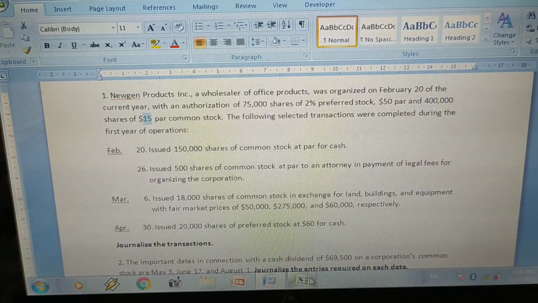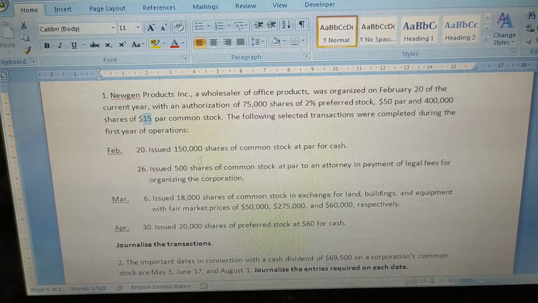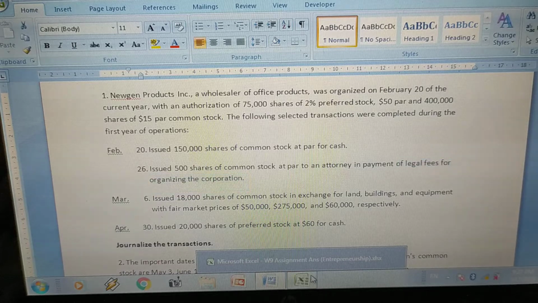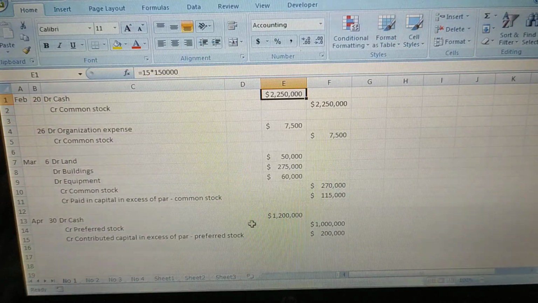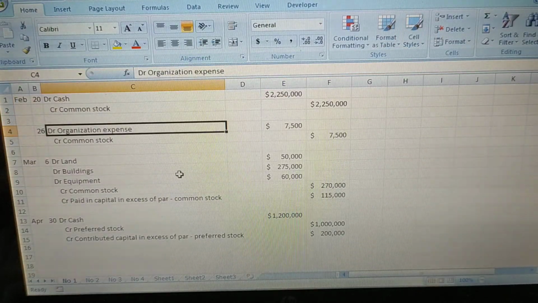And then for the 26th of February, we issue 500 shares of common stock at par also to pay the legal fees for organizing the corporation. So like I said last week, it is not only cash, it can be other things. This is organization expense.